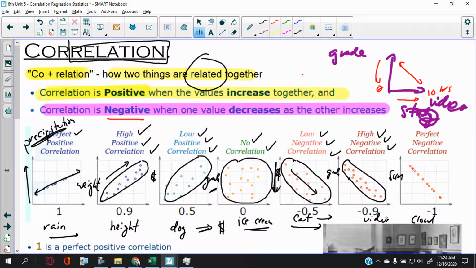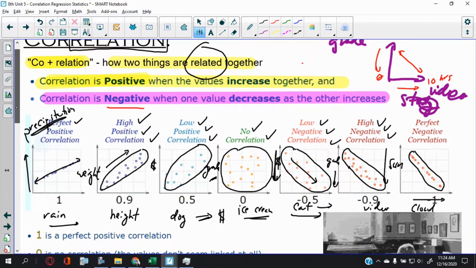The more time you spend playing a video game, that predicts your grade is going to be pretty low. Now, perfect negative correlation. Notice how this is a perfectly straight line. This is the one like cloud versus the sun. The more cloudy it is, the less sun there is outside. That's their definition of one another, so that's a perfect negative correlation.